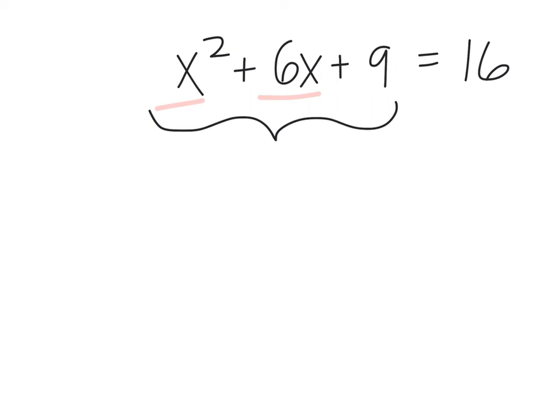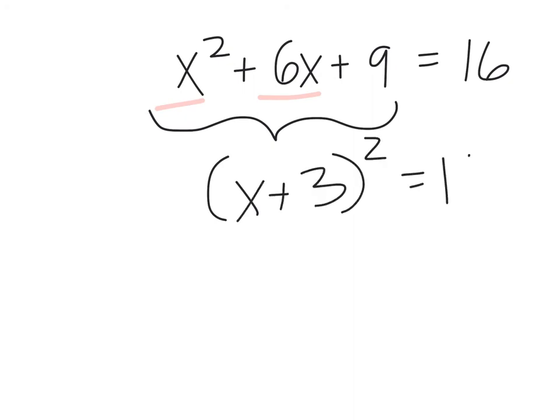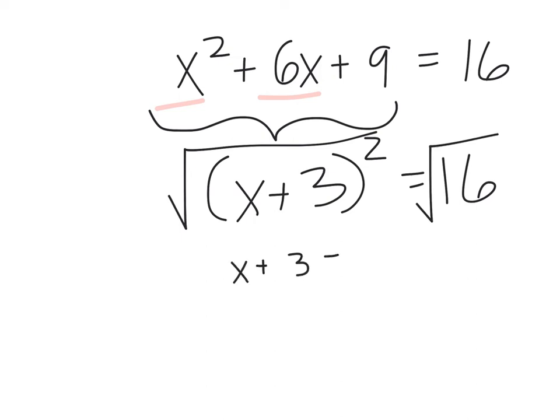And the way we're going to do that is we're going to notice that this is actually equivalent to (x plus 3) squared. Once we write it like that, we're then going to be able to use root method from there by taking the square root of both sides, not forgetting our plus or minus, and making our two equations.